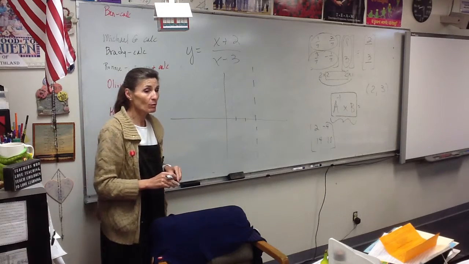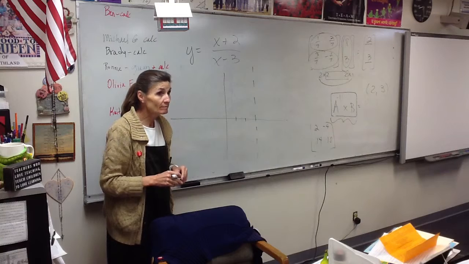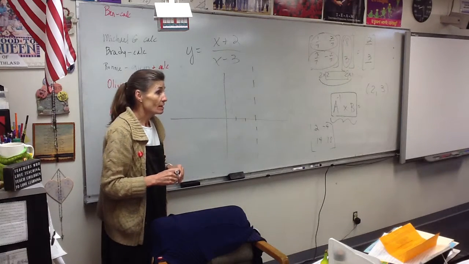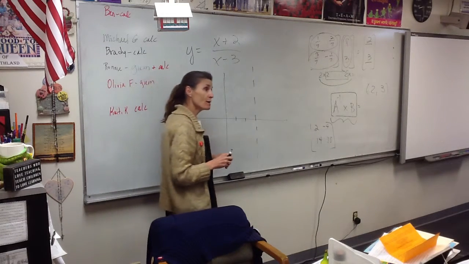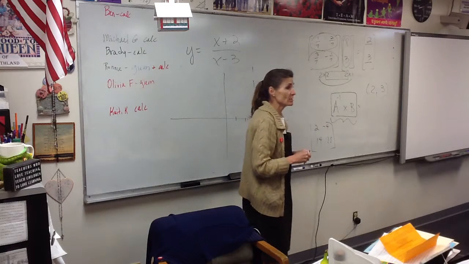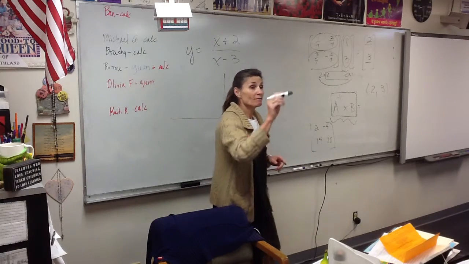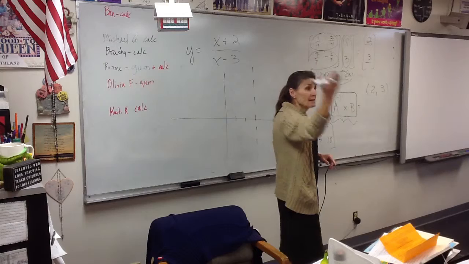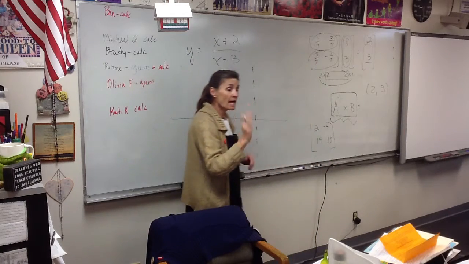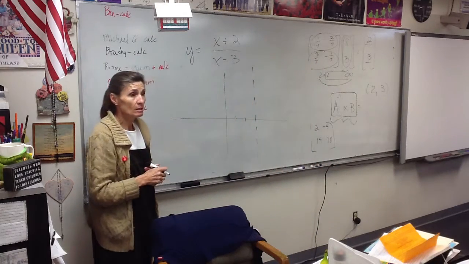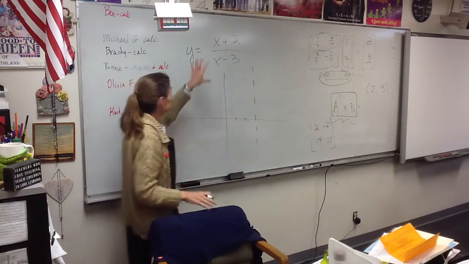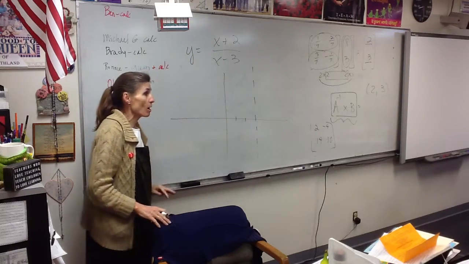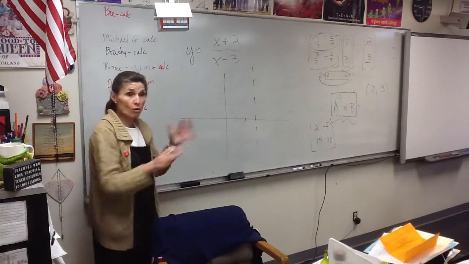Does anybody remember how we get holes? You usually have to factor something out. You have to be able to factor and cancel. If you cannot cancel, you have no holes. Does anything cancel in this problem? No. So therefore there are no holes.